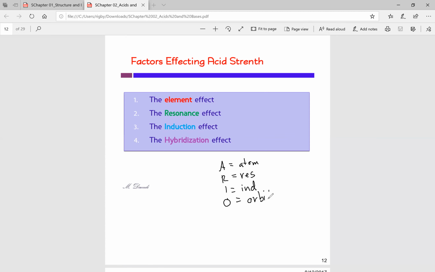Okay? So when we're talking about these factors that affect acid strength, we're mostly talking about how stable these factors make the conjugate base. And so the first thing that we look at, the strongest factor, is going to be what atom the proton is directly attached to.